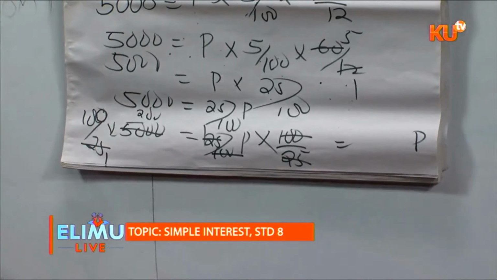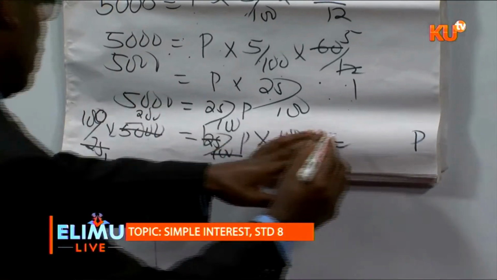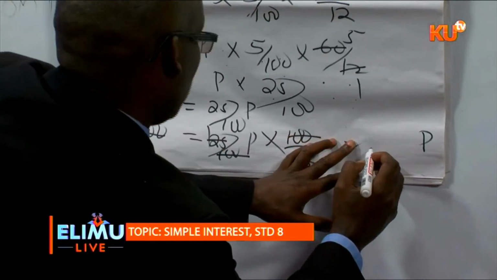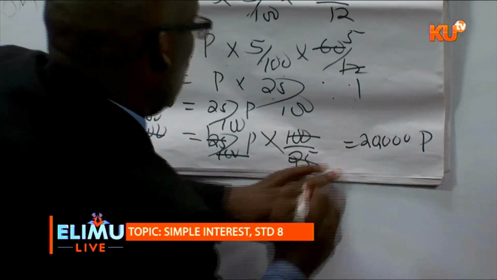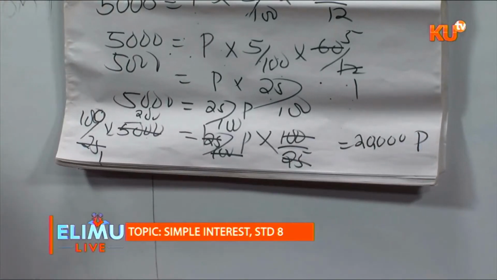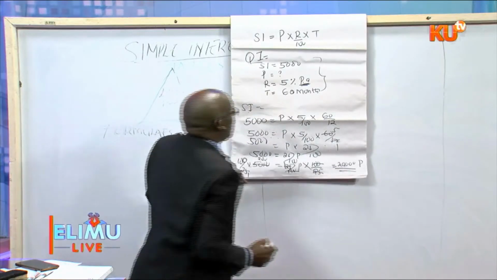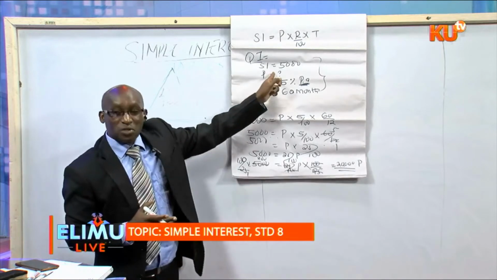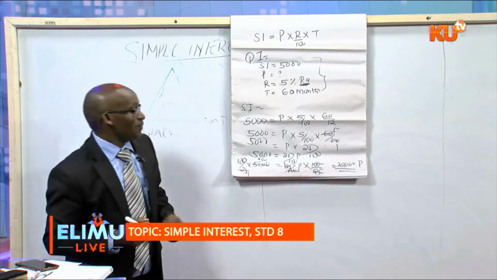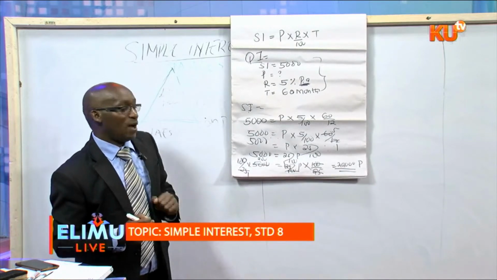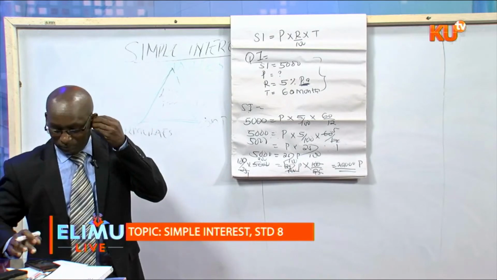And so it becomes very easy when you're multiplying 100 by 200, which will give you 20,000. And so the question is asking you to get the amount that was deposited, and we get it as 20,000.